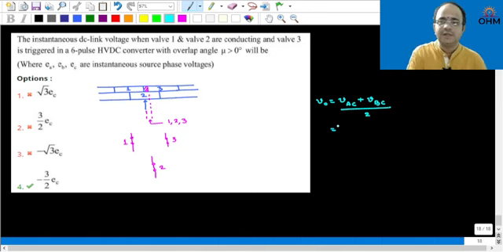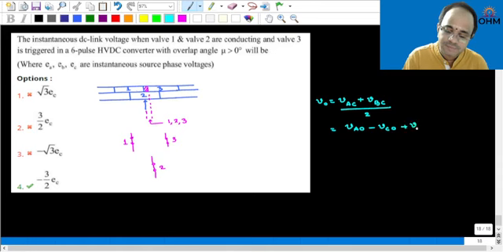Of course, in the question it is mentioned E, but I am more habituated to write V. So (VAO minus VCO plus VBO minus VCO) divided by 2.